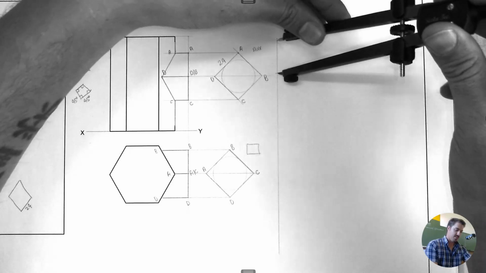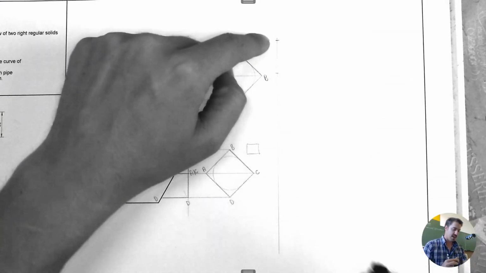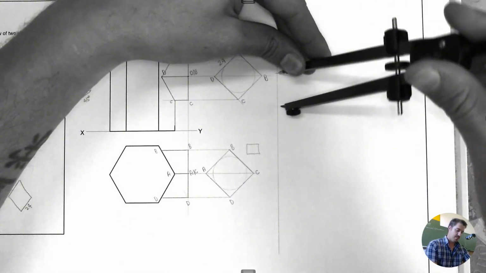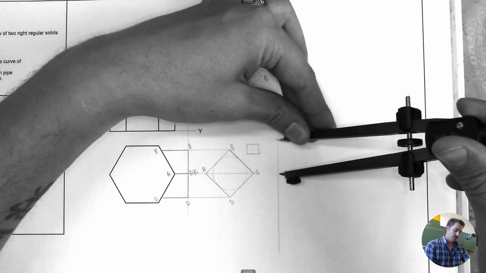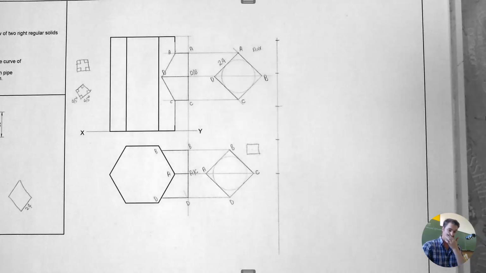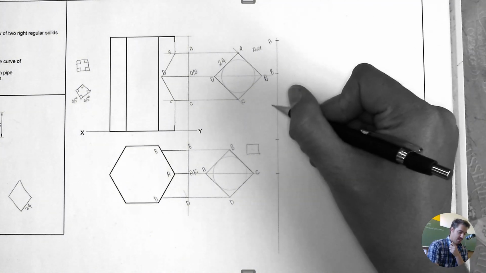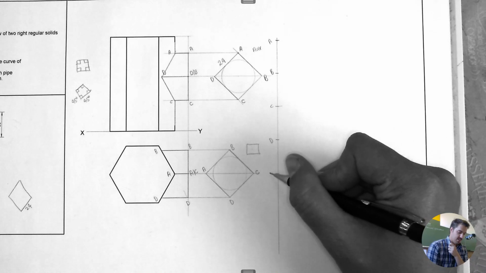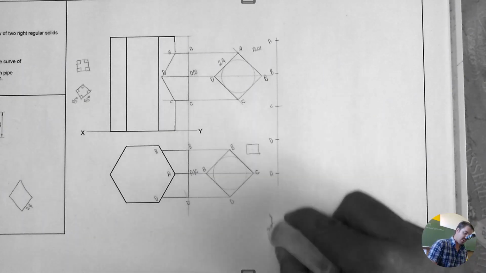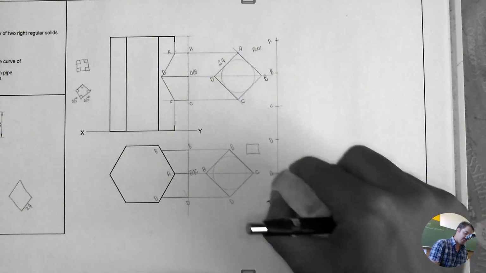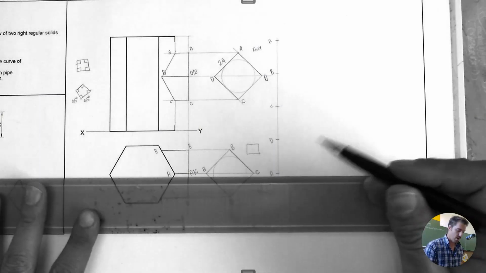So that's going to be B. So it's A, B, C, D, and you always want to end with what you started with, A. So it's A, B, C, D, A. Everything else, usually I encourage you to erase the rest of the line, because I've seen that some people still think that that's part of the drawing in some way.